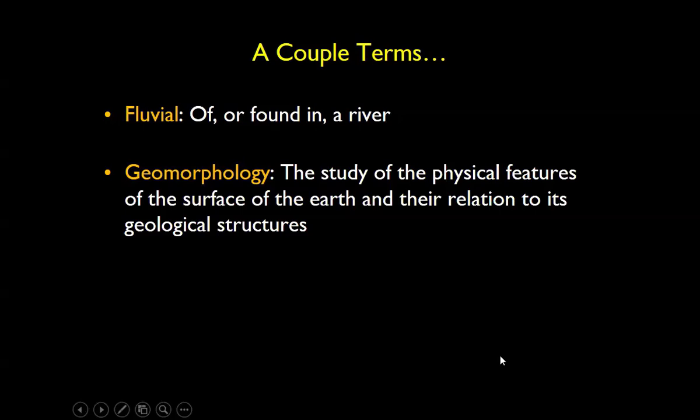So form and shape, but geomorphology is the physical features of the surface of the earth, in particular their shape in relation to geological structures. How do we define geological?